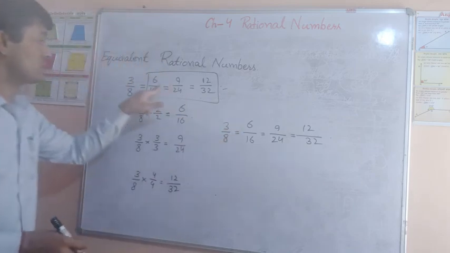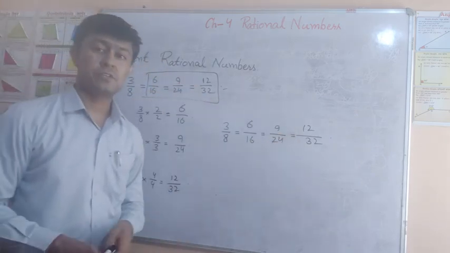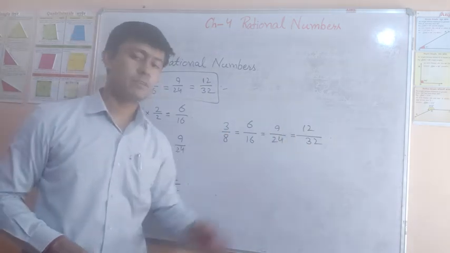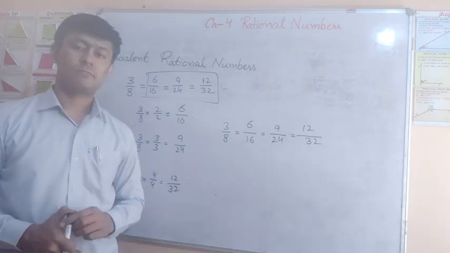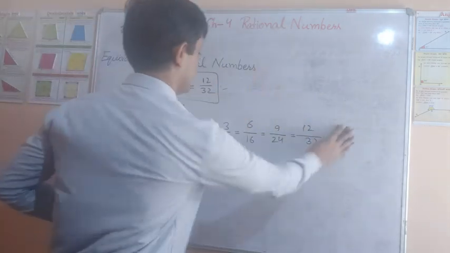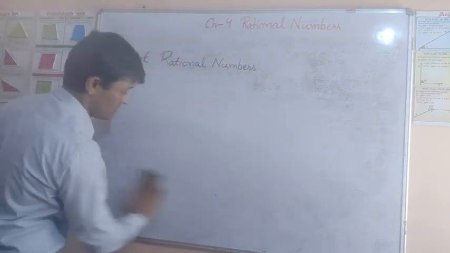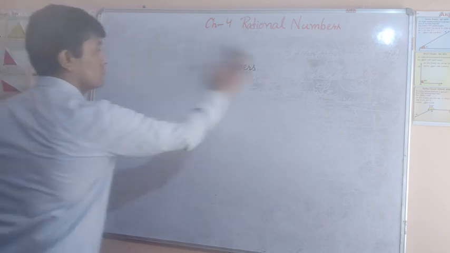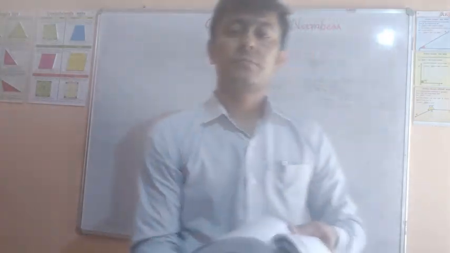See, 6 upon 16, 9 upon 24, 12 upon 32, they are same. Just look at the tables and you will get the equivalent rational numbers of it. Then however many you need to find out, you can do this thing. These were the equivalent rational numbers. And now we'll move to the exercise.